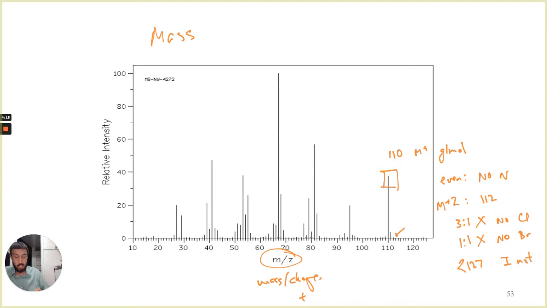I would hope I could nail down some information out of the multiple choice. If not, I'm probably being asked for a possible formula. To go to that possible formula, the only information I've got is 110. No evidence of nitrogen, no chlorine, bromine, or iodine. So that means we're likely looking at a mass of 12 per carbon.